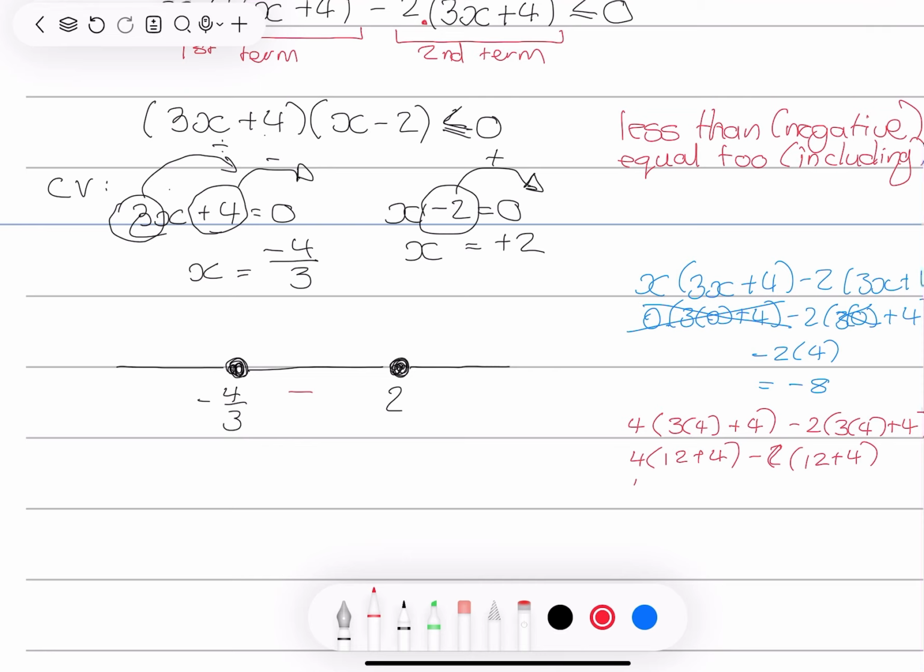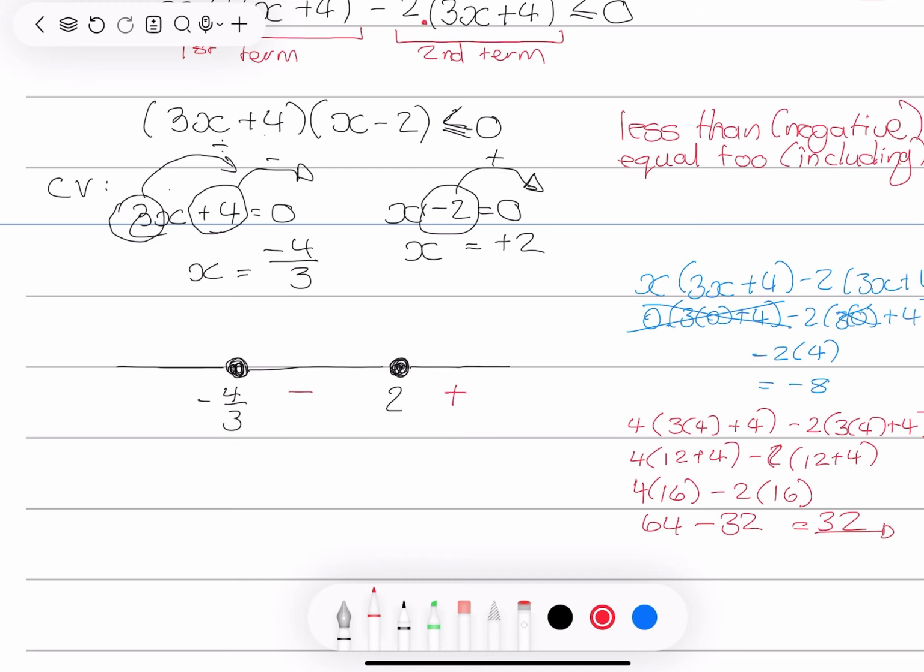Okay, so then we have 4 times 12 plus 4, 16. Minus 2, 12 plus 4 is 16. 4 times 16 is 64. Minus 2 times 16, 2 times 16, 32. Okay, so we know 64, obviously minus 32 would be half of that, just 32. So we see that's a positive number. So we know this end is positive.